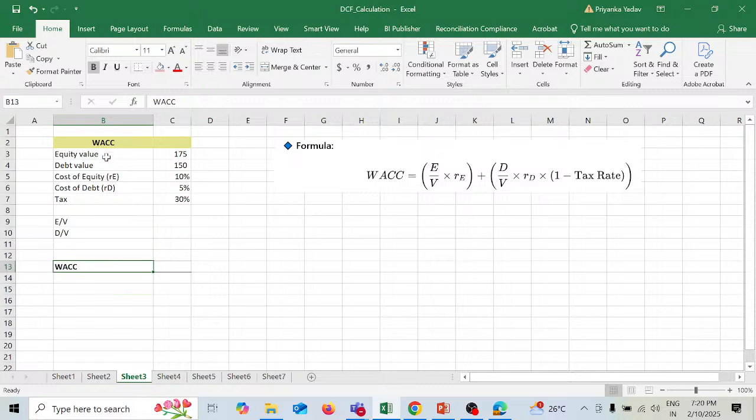So for this we have got certain assumptions. I've got equity value, debt value, cost of equity is 10%, cost of debt I've got 5%, and tax rate is 30%. Now to calculate WACC, your first element is E by V. So let's calculate this first over here.